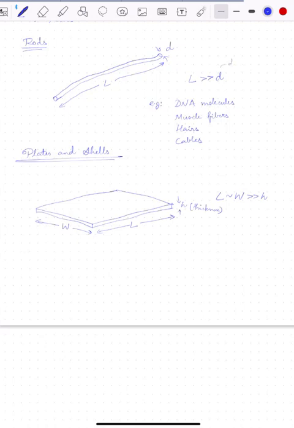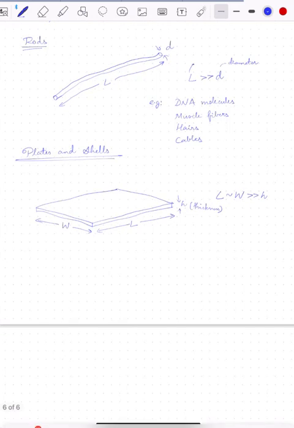Likewise here, d is the diameter and L is the length, and L and W are correspondingly length and breadth, or width.